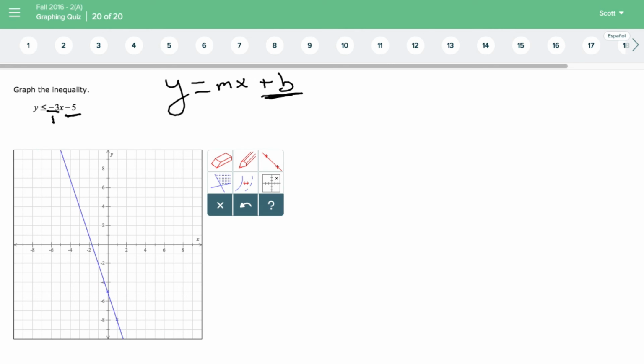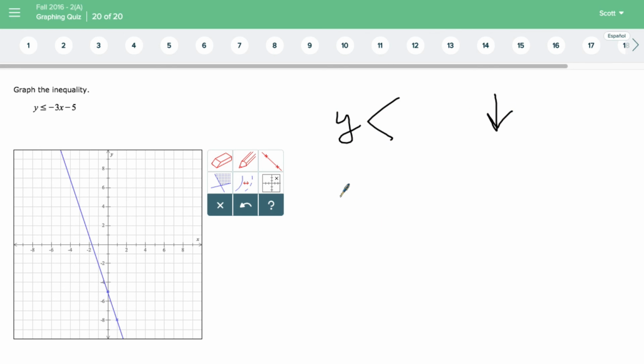Now I ask myself, is it dashed or solid? There is an equal sign, so we fill it in. It's a solid line. And then we ask, is it greater than or less than? Where do we shade? With less than, with y over here, you always shade down. With y over here, if it's greater than, you always shade up. Or just plug in a 0 for x and a 0 for y. -3 times 0 is 0.